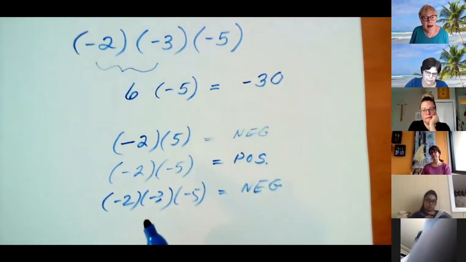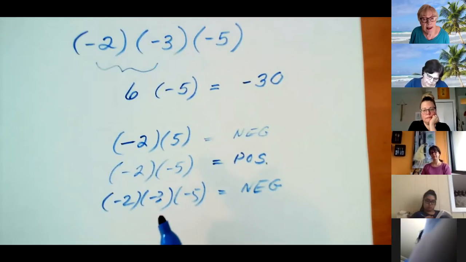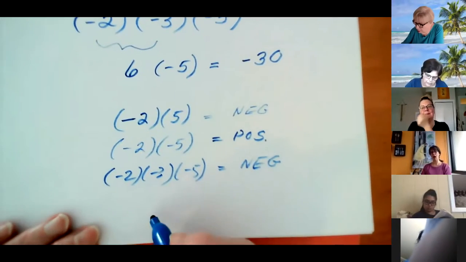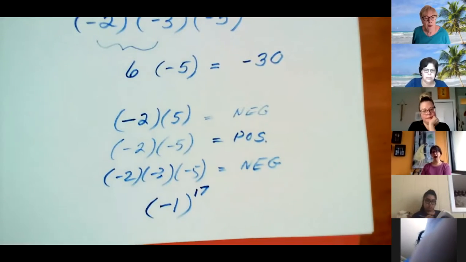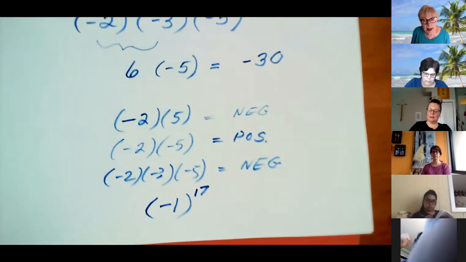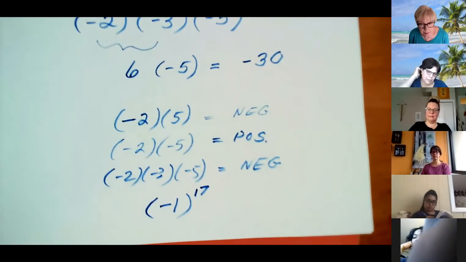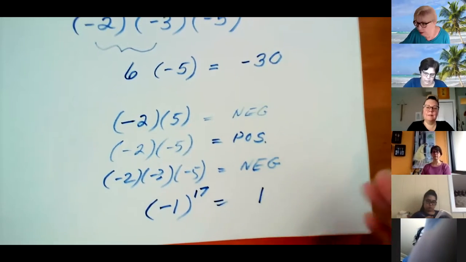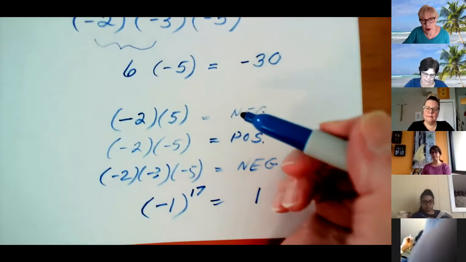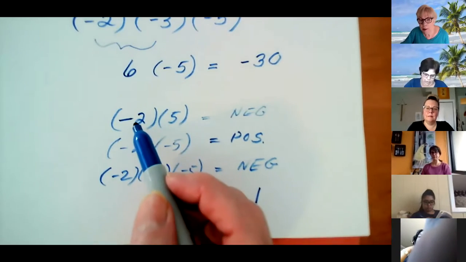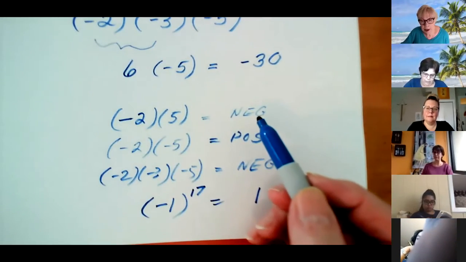And so if you had a stupid problem like 17 negatives, okay, I give you this, -1 to the power 17, which I don't want to write out, but I'll tell you what, it's -1, -1, -1, 17 times. Well, the answer is a 1, but the question is, is it a positive 1 or is it a -1? If you're starting to see the pattern, when there was an odd number, it was negative.